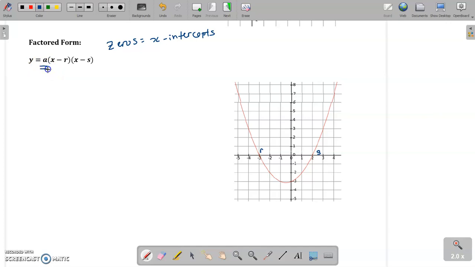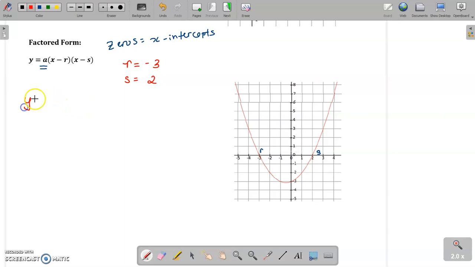The a has the same interpretation as in the previous equation, meaning we know this a is going to be positive because it's an upward facing parabola and it has a minimum value. The minimum's not as nice as the other one, so we're going to use the zeros. So I can see here, let's say my r is equal to -3 and my s is equal to 2.